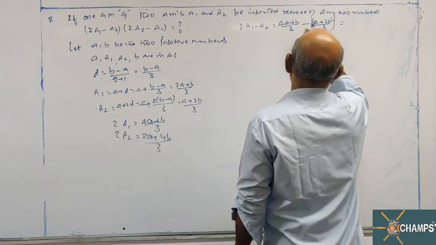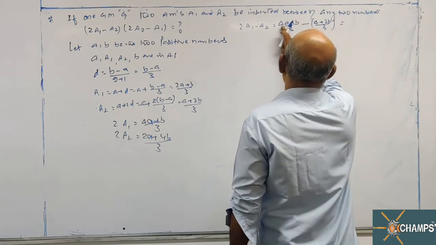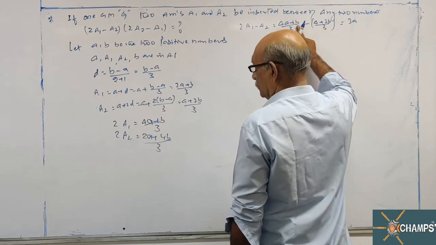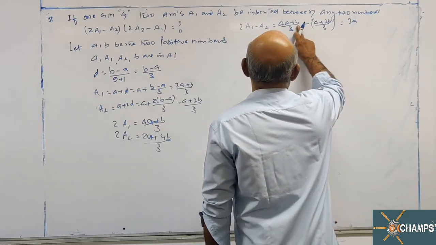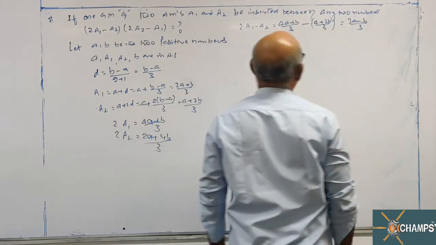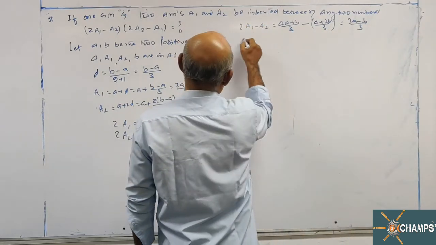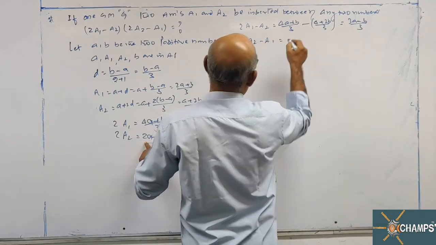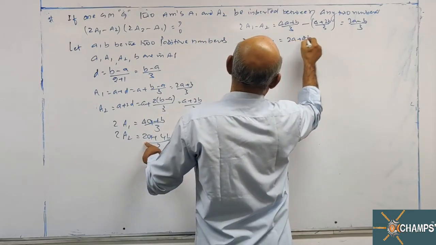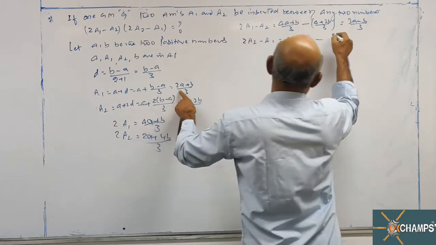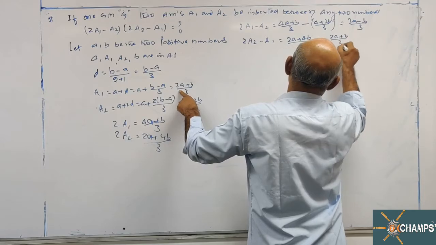Denominators are same, numerators can be added. 4A minus A, 3A. This is plus 2B minus 2B cancel, so it is A. Now the second one is 2A2 minus A1, 2A plus 4B divided by 3 minus A1, 2A plus B by 3.